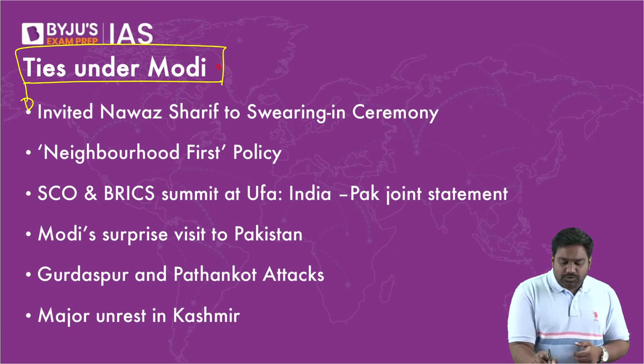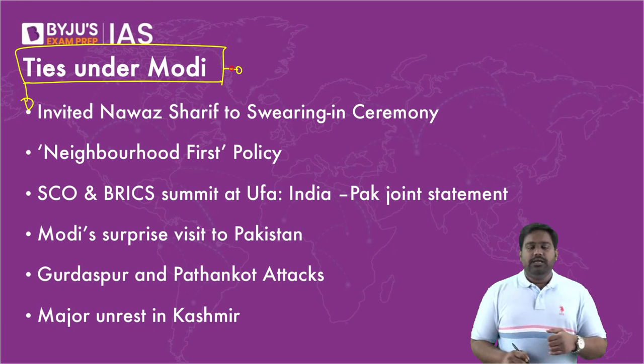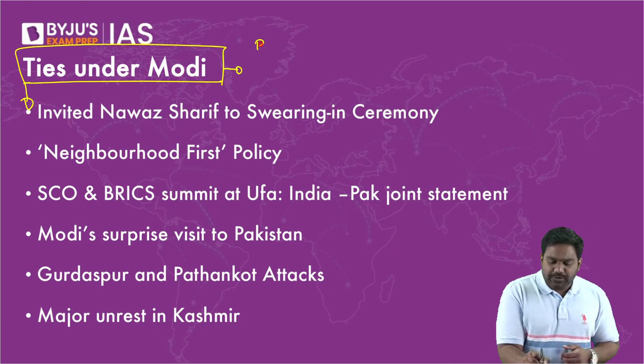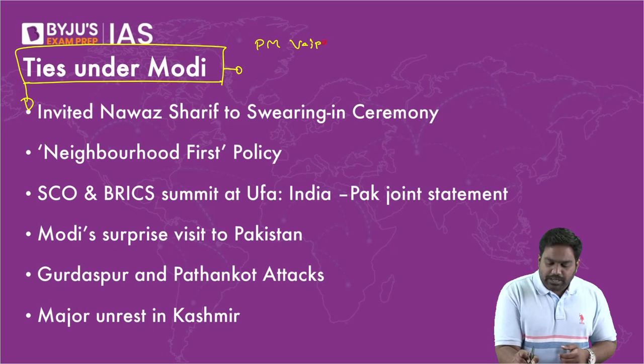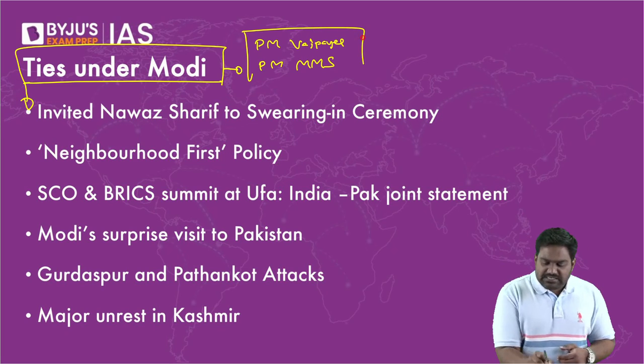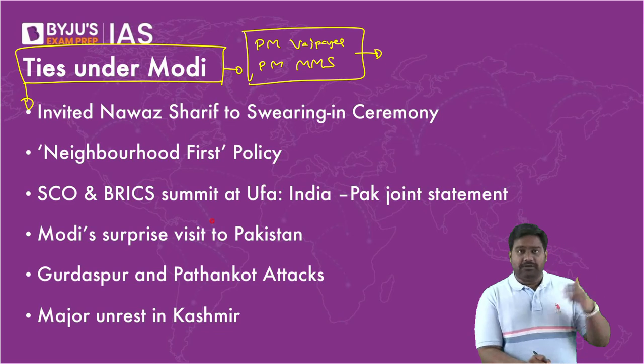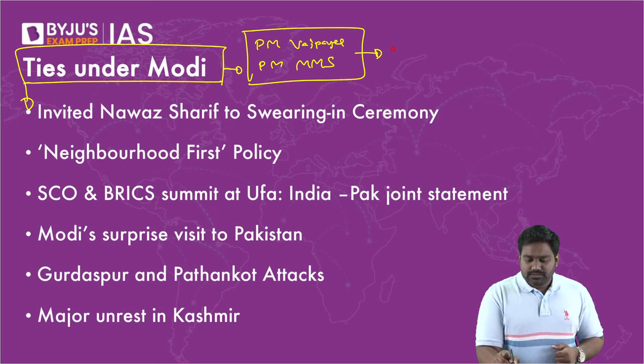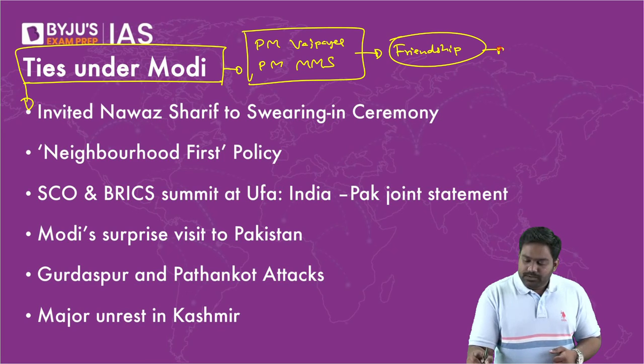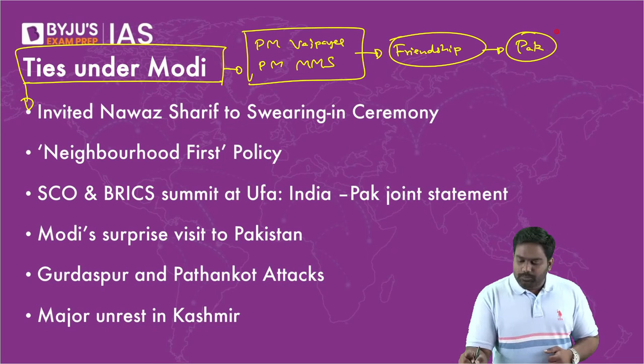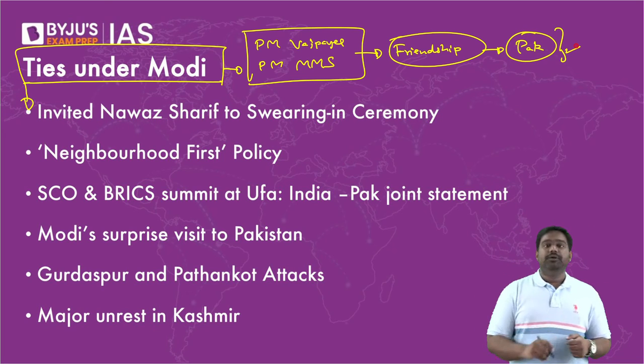See, Prime Minister Modi, after coming to power, followed the precedent that was laid by Prime Minister Vajpayee and Prime Minister Manmohan Singh. These two prime ministers as well, when they came to power, tried reaching out to Pakistan and extended a hand of friendship, despite all the problems Pakistan had created for us, right?